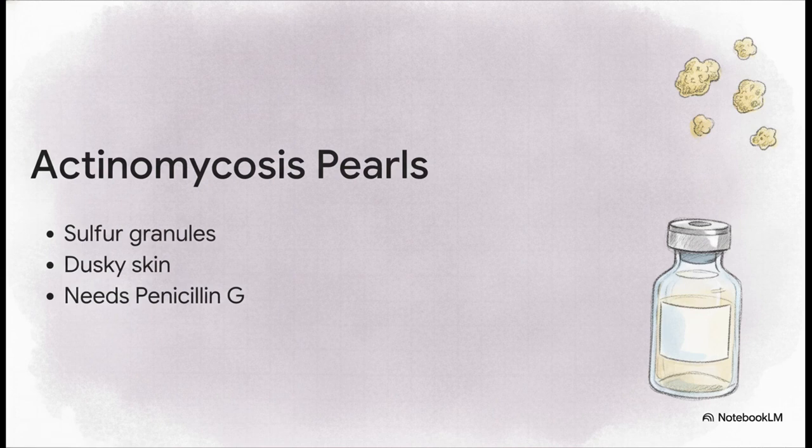The infection tracks right through tissue barriers, forming abscesses that discharge pus filled with characteristic yellow sulfur granules. Clinical appearance. The overlying skin often takes on a dusky purplish hue. Anatomical subtypes. The most common ones are cervical fascial, thoracic, ileocecal, and liver. And for management, you're going to need long-term, high-dose penicillin G and potentially some surgical debulking.